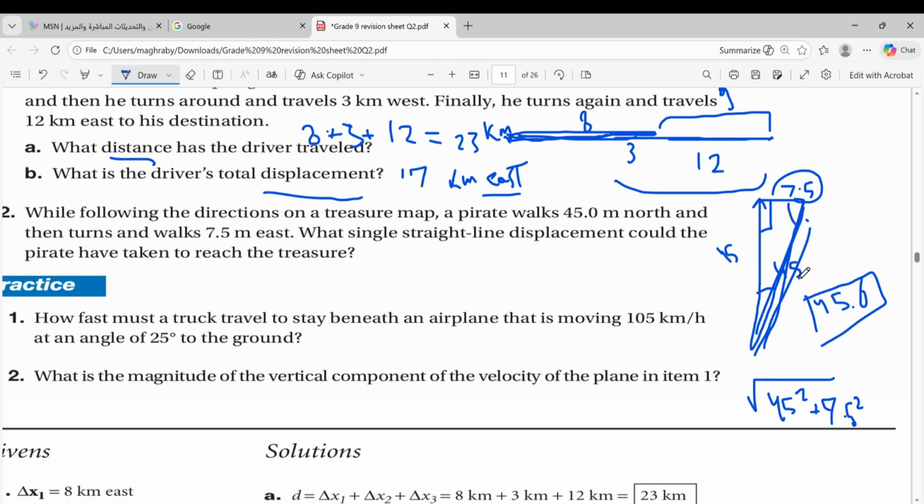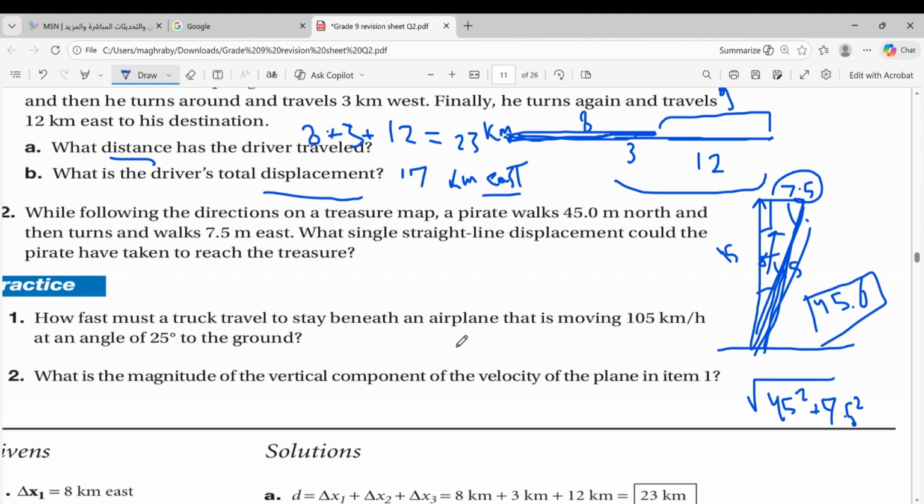This vector is making an angle with the x axis, so what is this angle equal to? We have to find it. We have the opposite and we also have the adjacent. The opposite is 7.5 and the adjacent is 45.